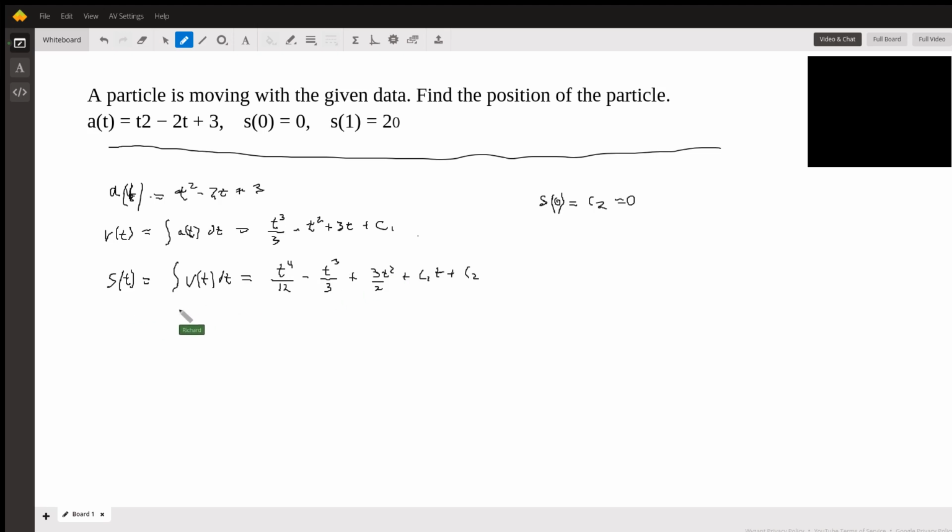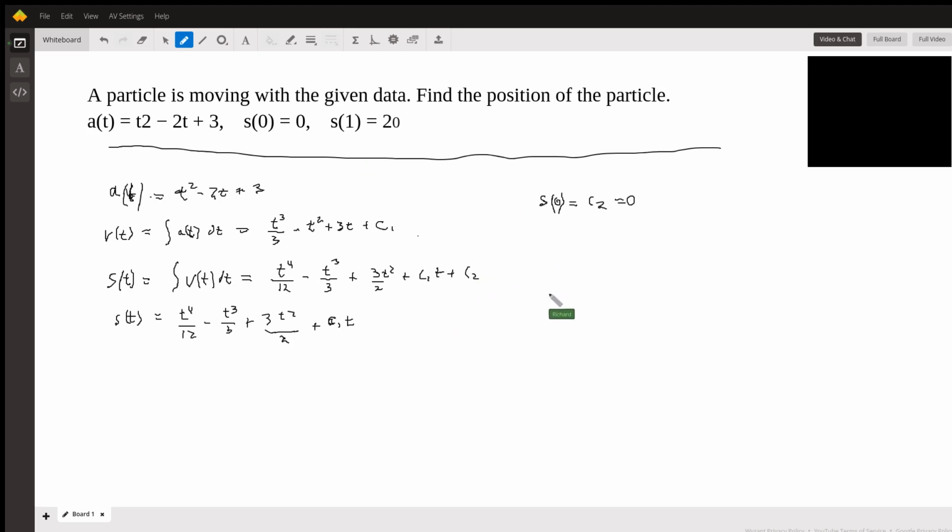So now we could rewrite S of t as t to the 4th over 12 minus t cubed over 3 plus 3t squared over 2 plus c1t, because now we discovered that c2 is 0.